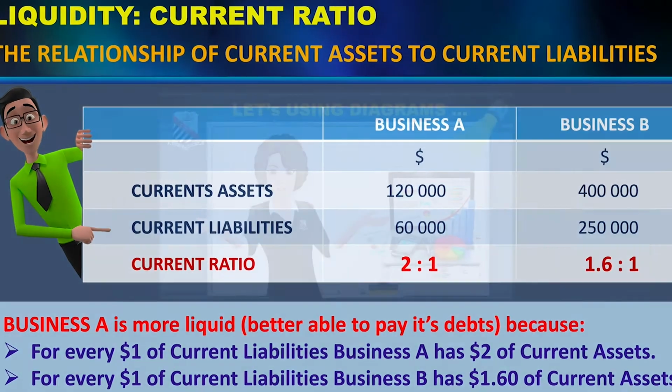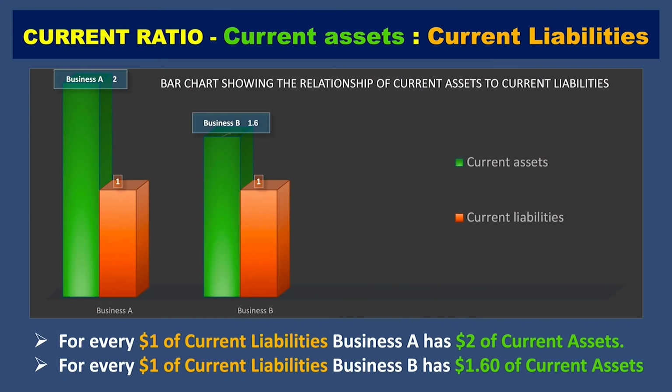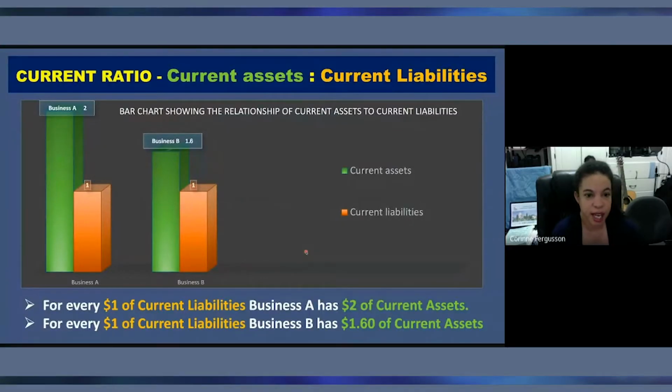Just like with the profitability ratios, as much as they give you a better indication, you also get a clearer idea when you can see it visibly in terms of a diagram. So what you see in this diagram, very simply, is that green represents your current assets, and you can see clearly that your current assets in both businesses are greater than the current liabilities.